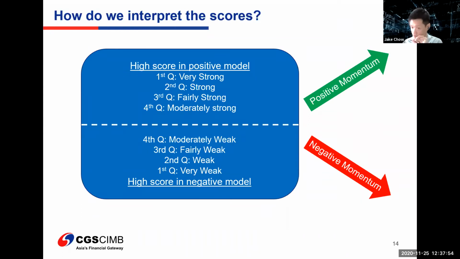So long only traders should focus on stocks within the positive momentum universe and avoid names in the negative momentum universe. Stocks with very strong trend or positive momentum, you'll find that they hardly trade or correct below the 50-day EMA.